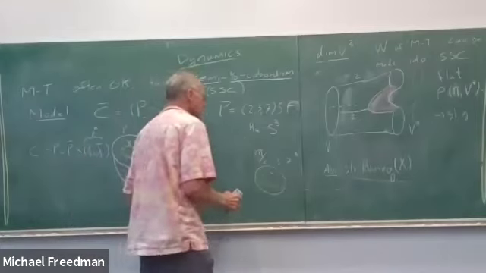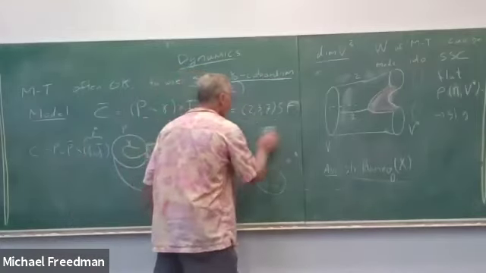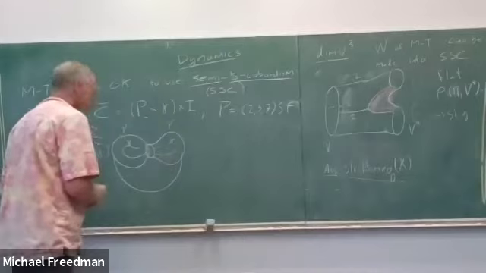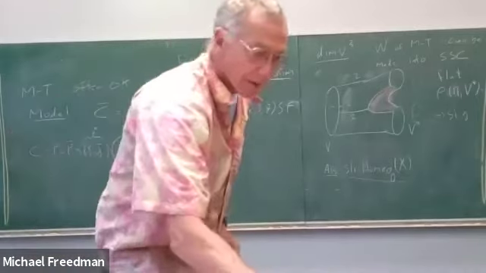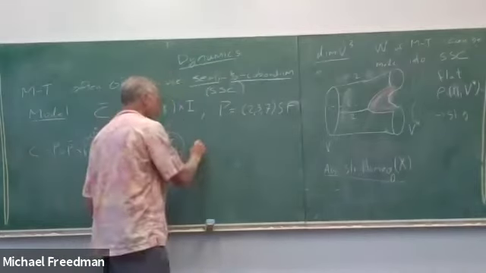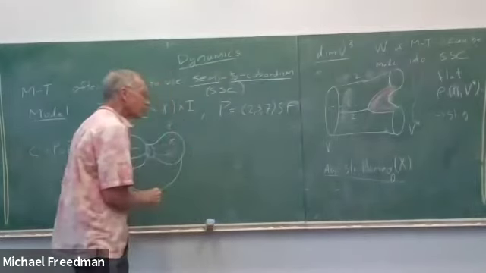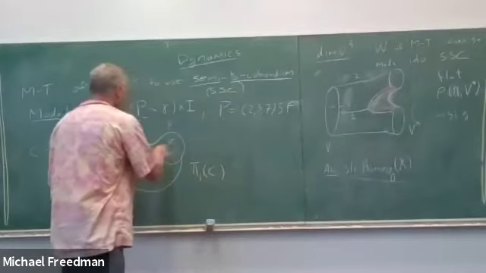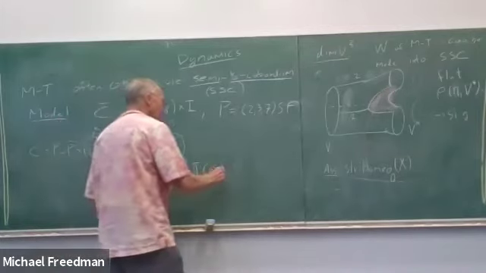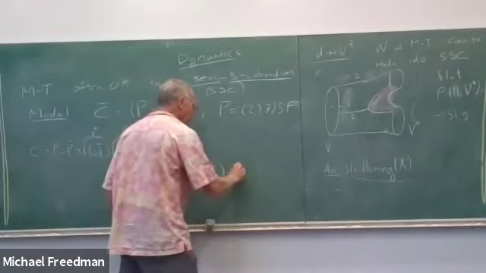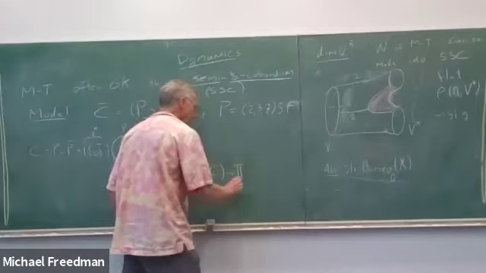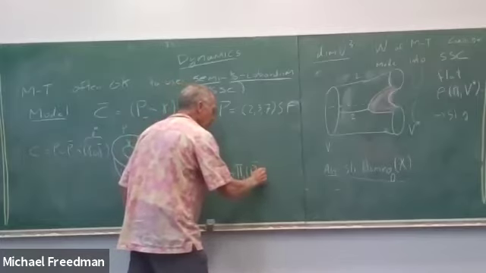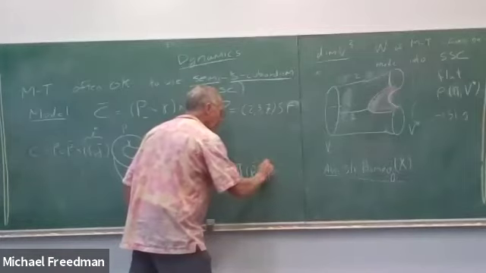Now, there's a sequence of groups, not an exact sequence, which I can start with pi1 of C. I can include it into pi1 of P connected sum minus P bar.